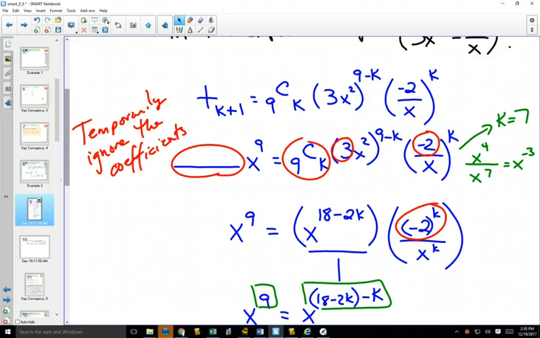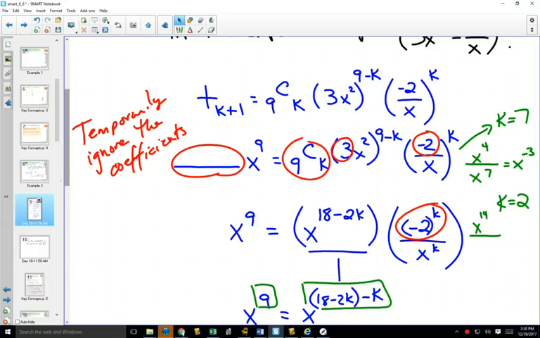Should k be bigger or should k be smaller? K should be smaller. So then you would say, well, try another value of k. Let's not guess right away yet. You want k smaller? 2. So if you had chosen 2, this will be 7. How many x's would I have in my numerator? 14.